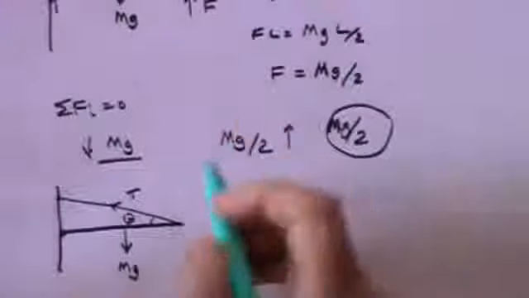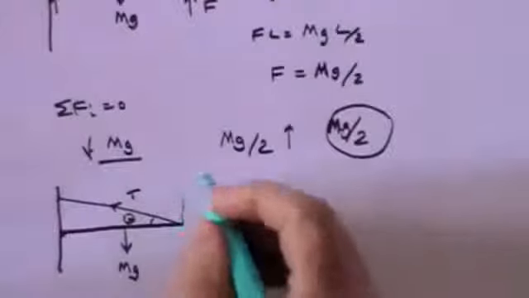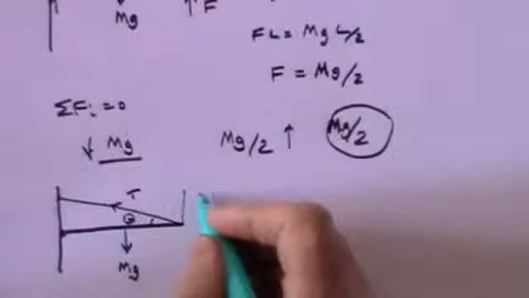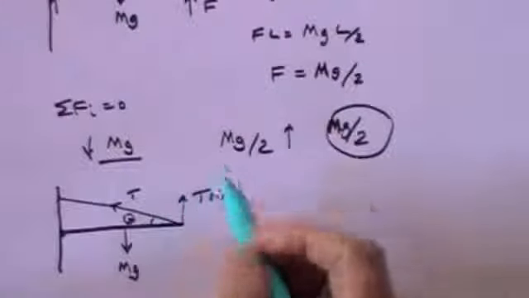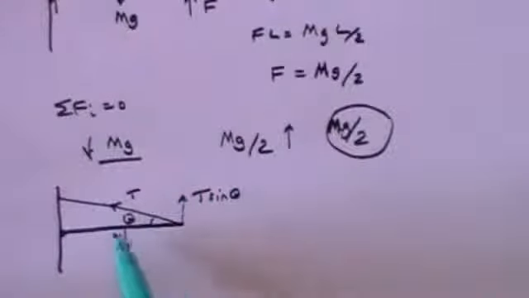Well, we can resolve the tension into two parts. It will have a component T sine theta acting upwards, and a component T cosine theta pulling this way. But that is having no effect at all, because it's just pulling the rod into the pivot. And so now we can equate the two torques.